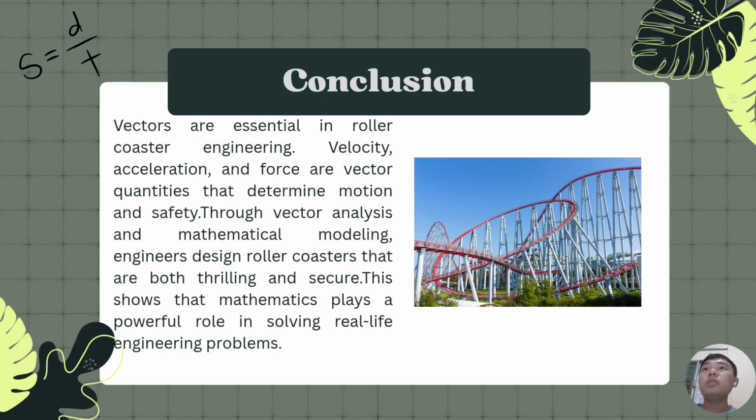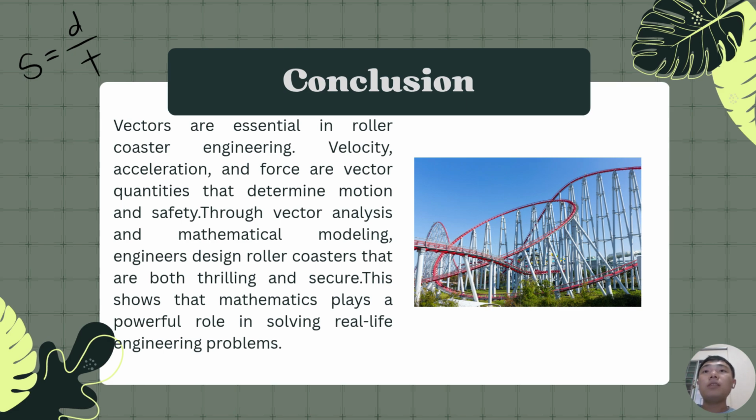So in conclusion, vectors play a very important role in modeling motion and position in real-life situations, especially in engineering. In roller coaster engineering, vectors help describe where the roller coaster is, how it moves, and the overall displacement from one point to another. Throughout this presentation, we have seen several important vector concepts including position vectors, direction vectors, resultant displacement vectors, and vector components. These allowed engineers to represent the movement of the roller coaster clearly and mathematically.